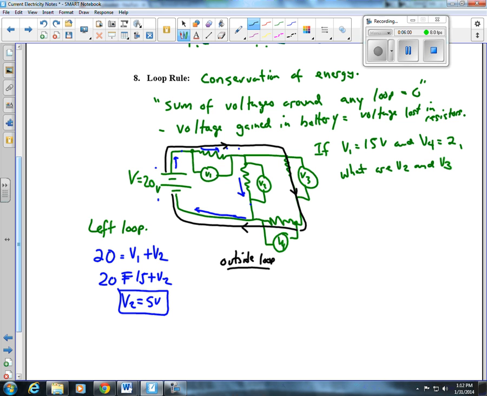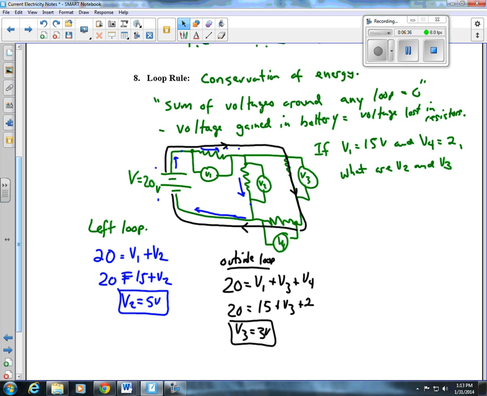It's going to be 20 equals, I go through V1, then I go through V3, then I go through V4. So 20 equals, we were told that V1 is 15, plus, we're looking for V3, and we said V4 is 2. Up here, that was given. So now that's going to tell me V3 equals 3 volts.